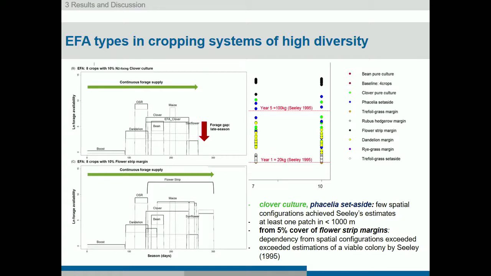That is why it is important that the clover fields are located close to the hive, to get sufficient energy income for sufficient honey stores for overwintering. For 10% flower strip margins in the cropping system of high diversity, you have a continuous forage supply over the whole season.